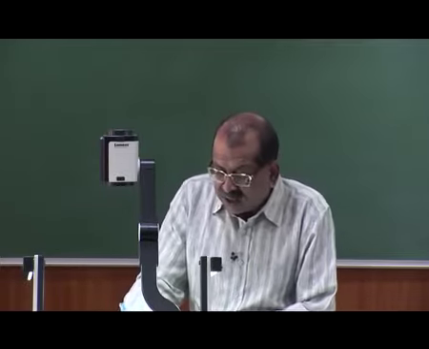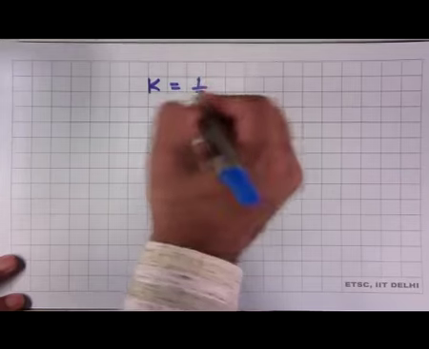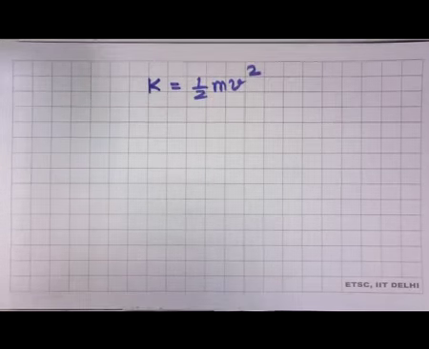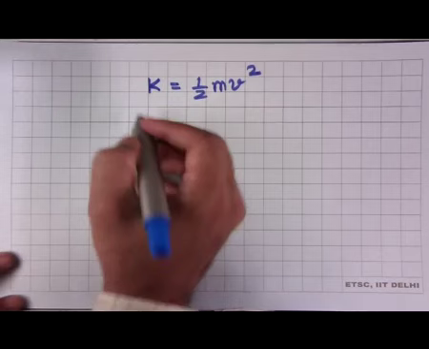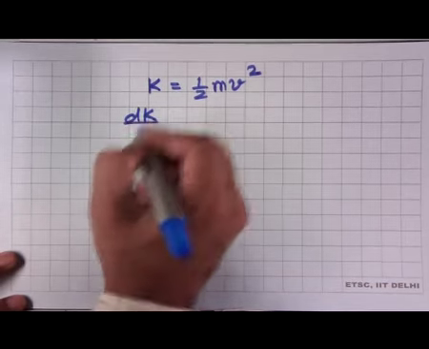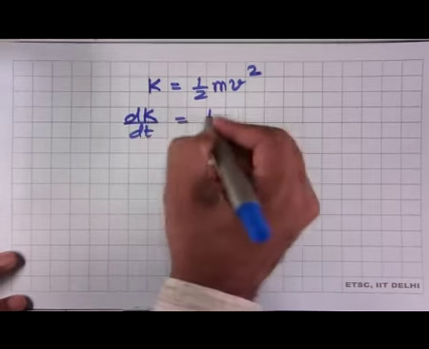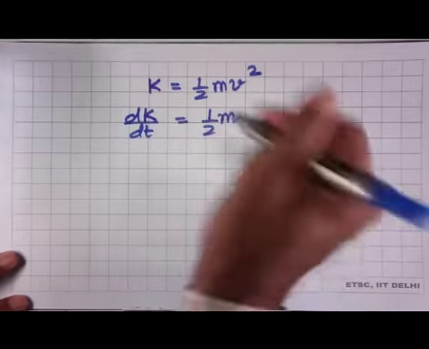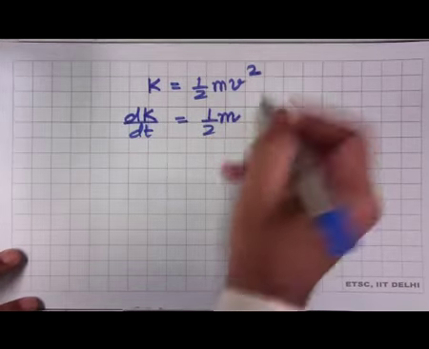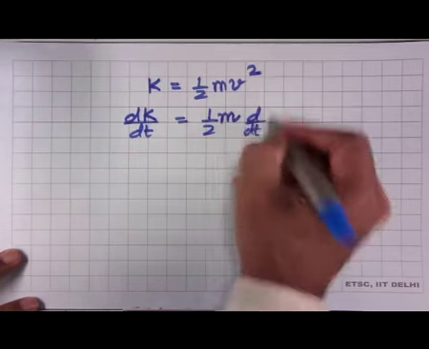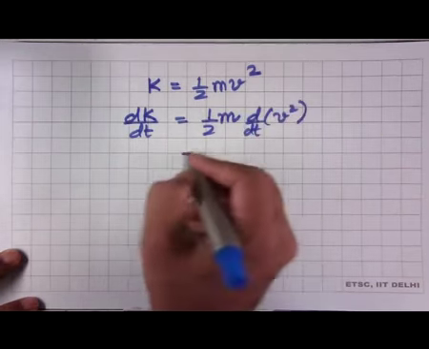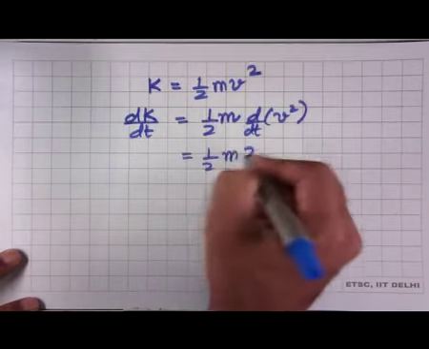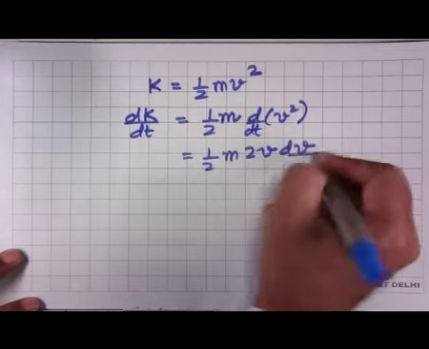Let us start with the definition of kinetic energy. Kinetic energy is equal to half m v square. We differentiate this expression with respect to time. So, we get dK by dt is equal to half m, mass being constant, times the derivative of v square. So, this will be equal to half m 2v dv by dt.